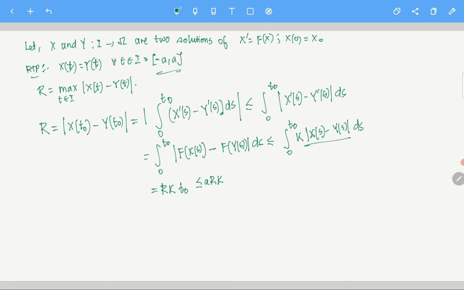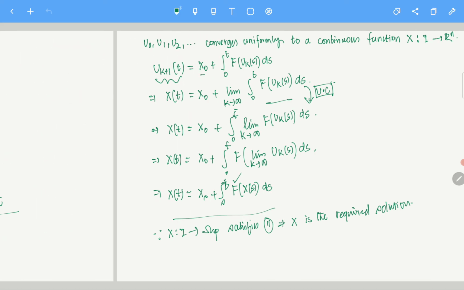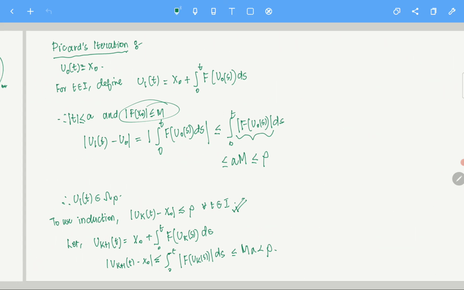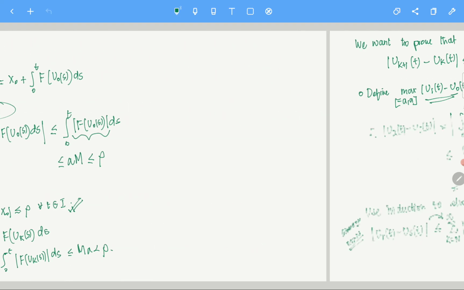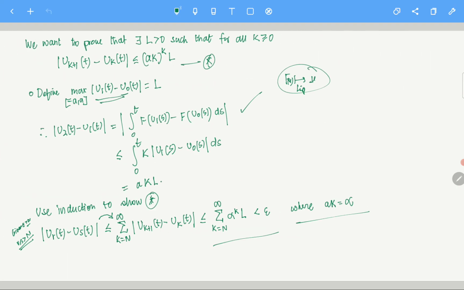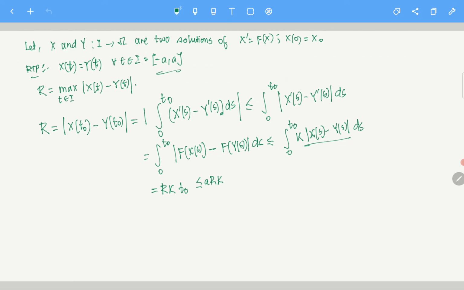Clear? Now you see a is chosen like this: a is always less than 1 by k. So ak is always less than 1. Since ak is less than 1, R has to be 0.